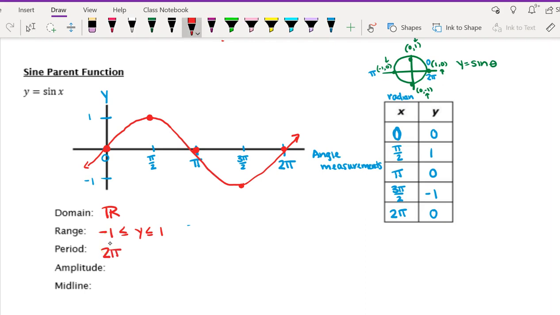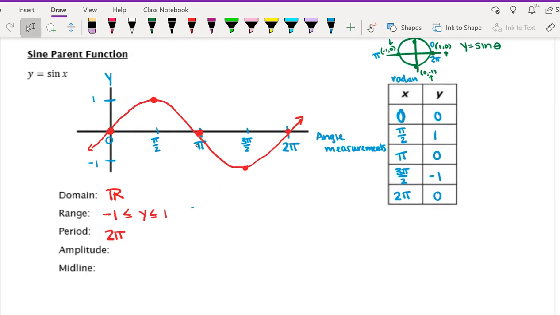The amplitude, remember that's the distance between the midline and the maximum or the minimum. So you can look at it two ways. You can either add the max and the min and divide by 2, or you could just recognize that it's the line that's halfway in between. So in this case, the line that's halfway in between is the x-axis.